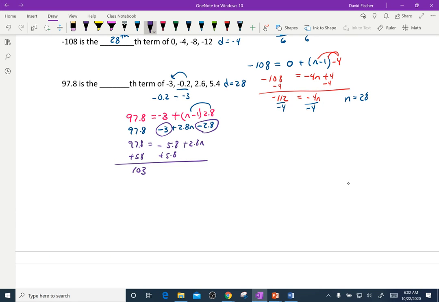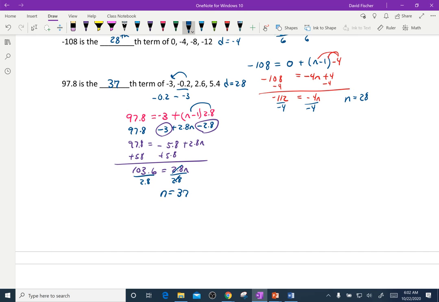I'm getting 103.6, I believe. Last step. I'm getting 37.